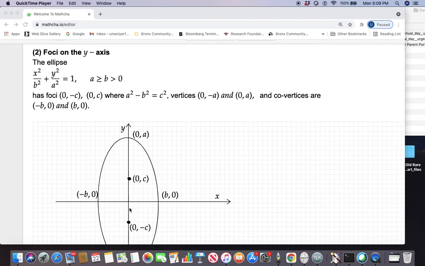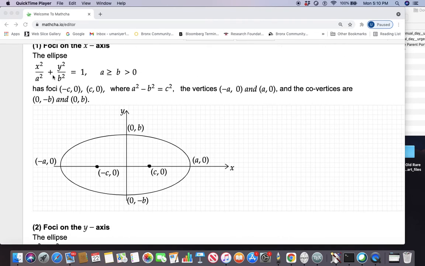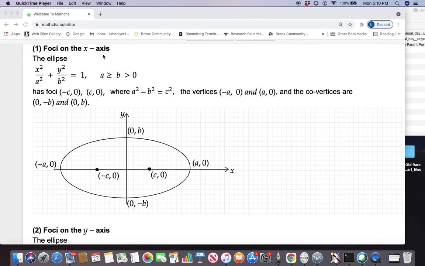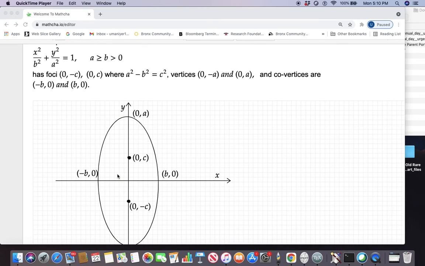If foci are on the y-axis, then a corresponds to the y coordinate. So notice a is written with the y. When foci are on the x-axis, a goes with the x. The bigger number among a and b determines where the foci are.